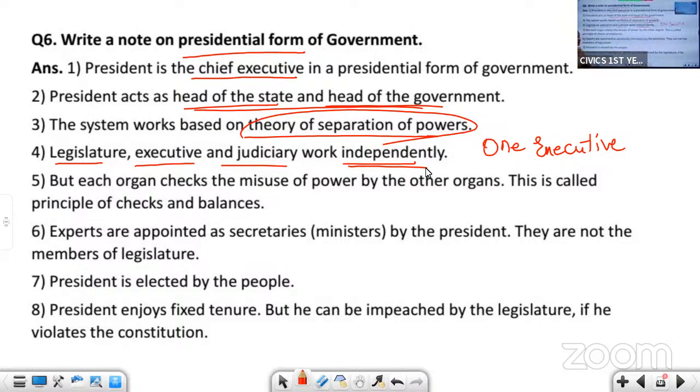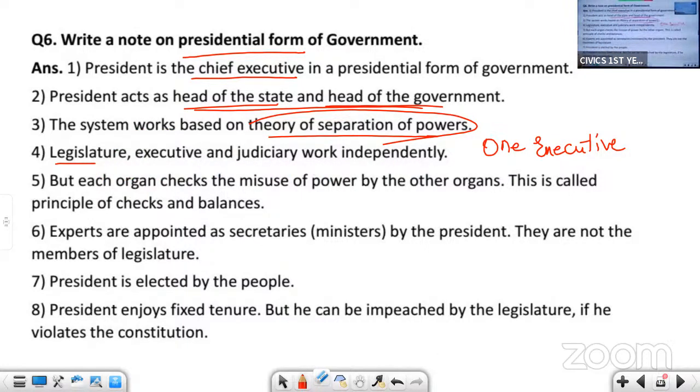In the parliamentary system, we have seen that executives come from the legislature. Executives are part of the legislature and are answerable to the legislature, and the judiciary checks the executive and the legislature. But in the presidential form of government, all the three organs function independently.